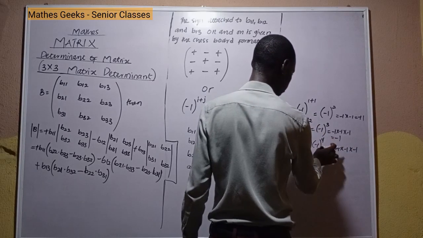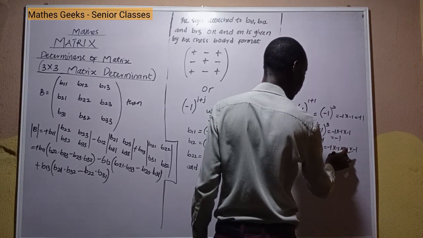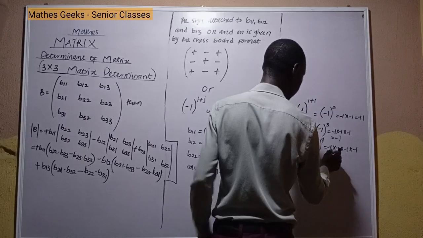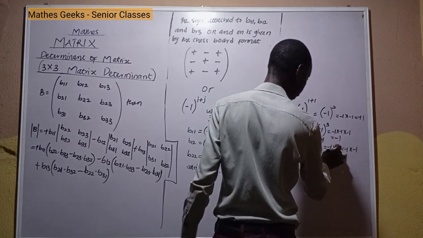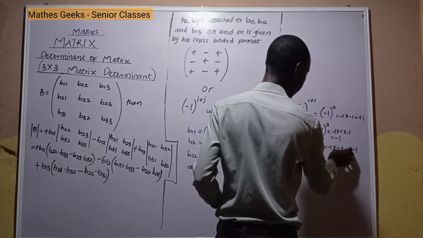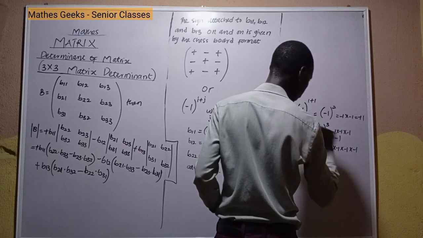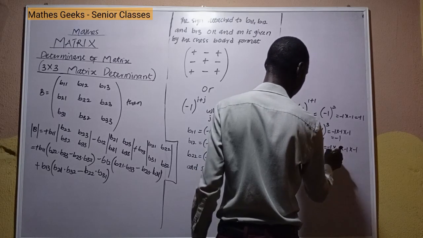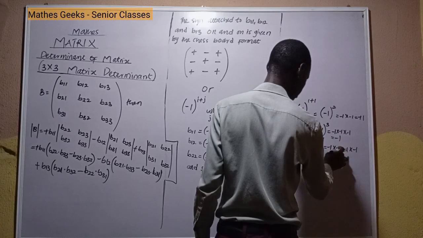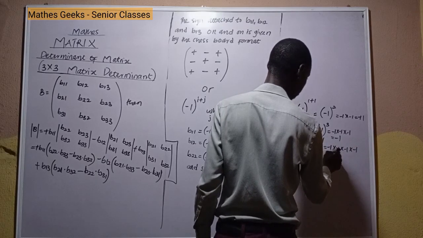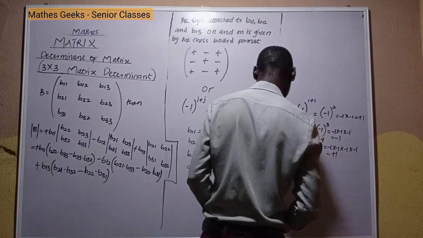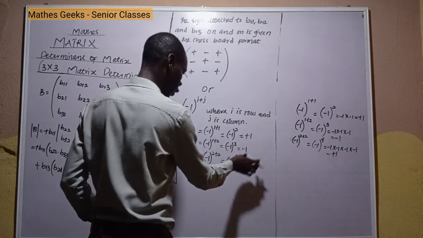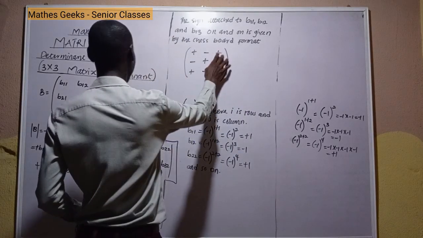Minus times minus is plus, plus times minus is minus, minus times minus is plus. 1 times 1 is 1, 1 times 1 is 1, 1 times 1 is 1. That will give us plus 1. That's why we have plus 1 here, and then we have plus 1 here.